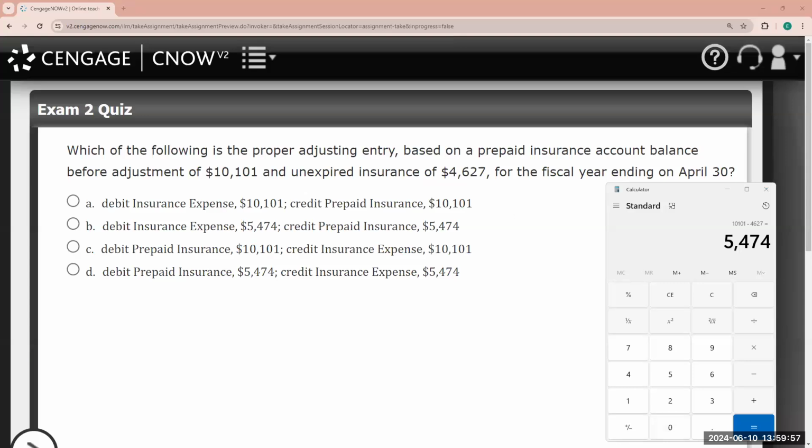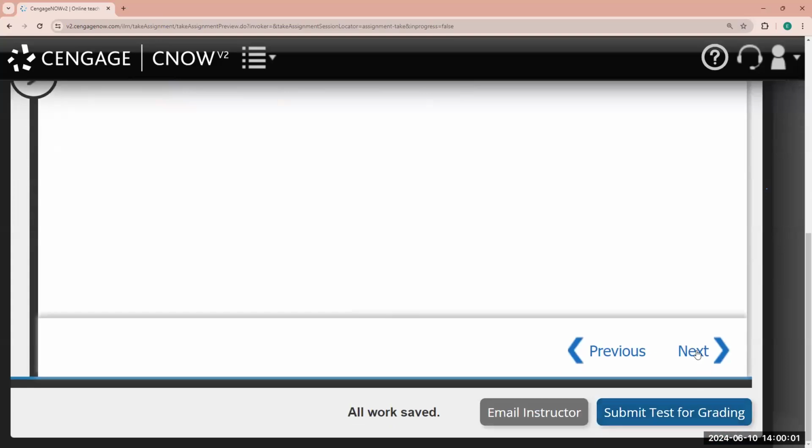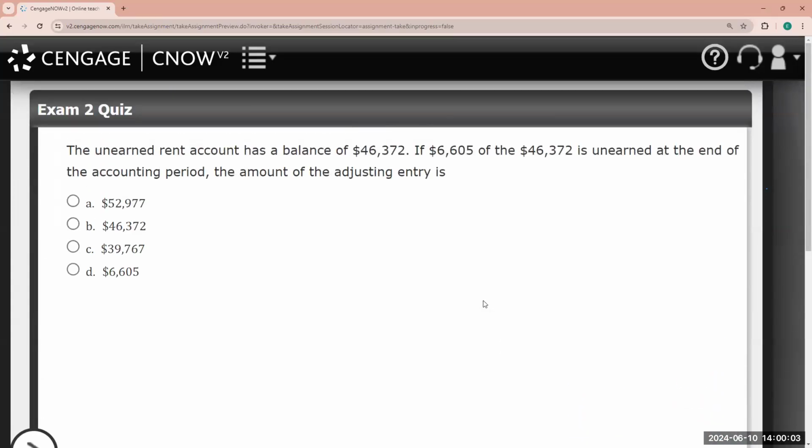And this brings us to our next problem. So here it states, the unearned rent account has a balance of $46,372. If $6,605 of the $46,372 is unearned at the end of the accounting period, the amount of the adjusting entry is.